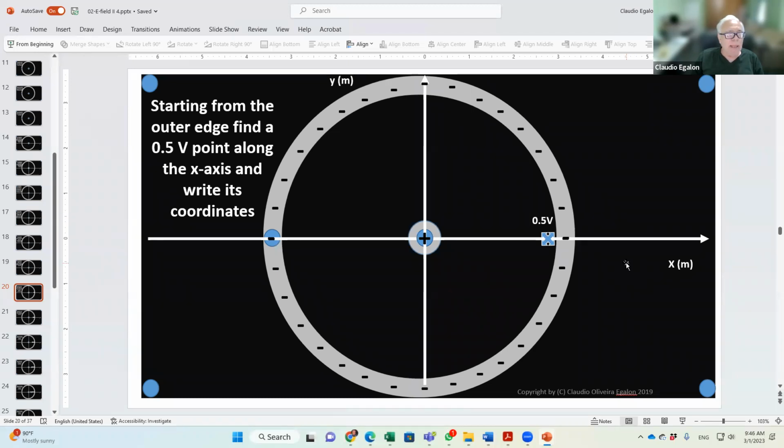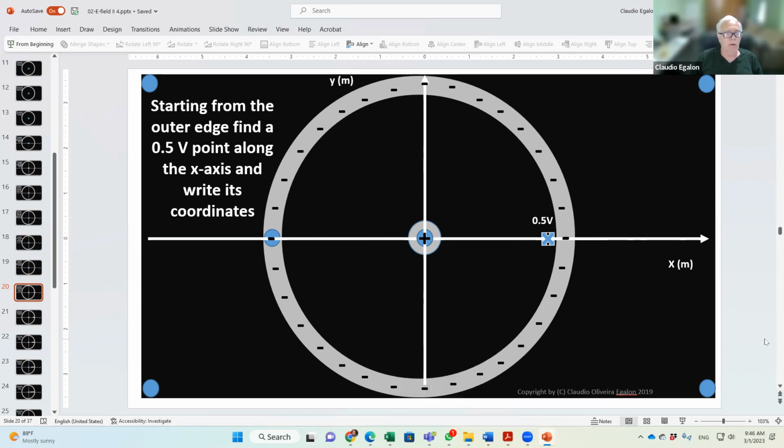What I usually tell my students, which is a very good way of proper experimental procedure: first we collect the points of voltage only along the x-axis. So we start with half volt along the x-axis. We choose y equal to 0, right?